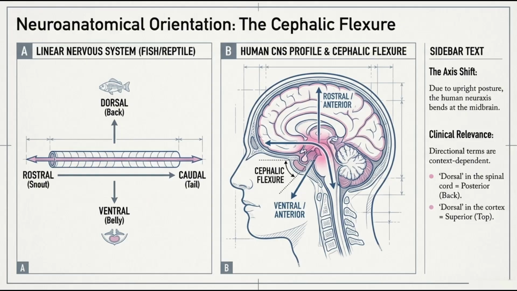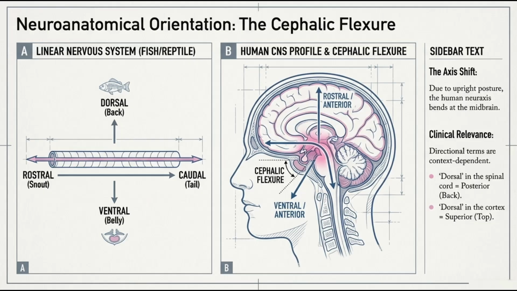So if I'm a radiologist and I'm looking at a scan of a patient and I say the word dorsal, I have to be incredibly specific. You have to. Dorsal aspect of the spinal cord is pointing one way, and dorsal aspect of the parietal lobe is pointing a completely perpendicular direction. Exactly. And it gets even stickier when you start talking about planes of section. If you take a horizontal or axial slice, you're cutting parallel to the floor, right? Right.